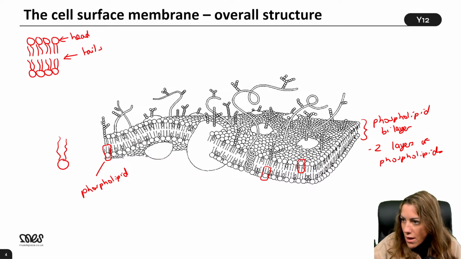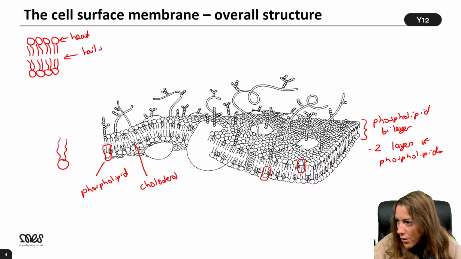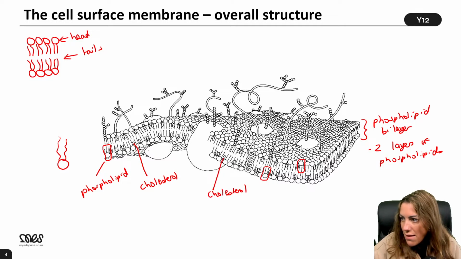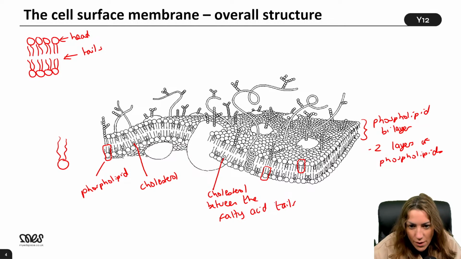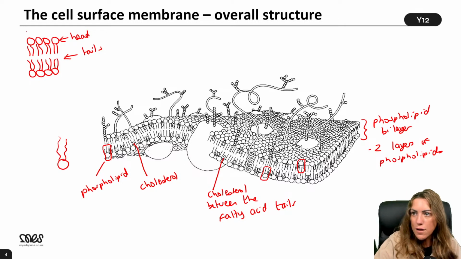So, do you mean these things here? This is cholesterol. Let me just draw another one here. Cholesterol. So there is cholesterol between the fatty acid tails. Okay, so you've got your phospholipid bilayer, and then if I draw some cholesterol on mine, you've got cholesterol.